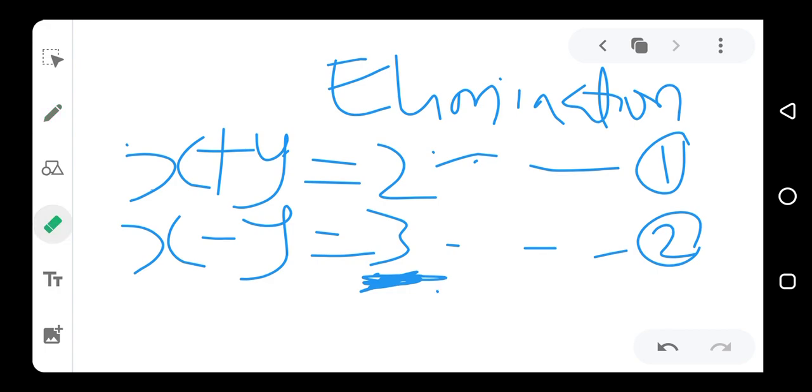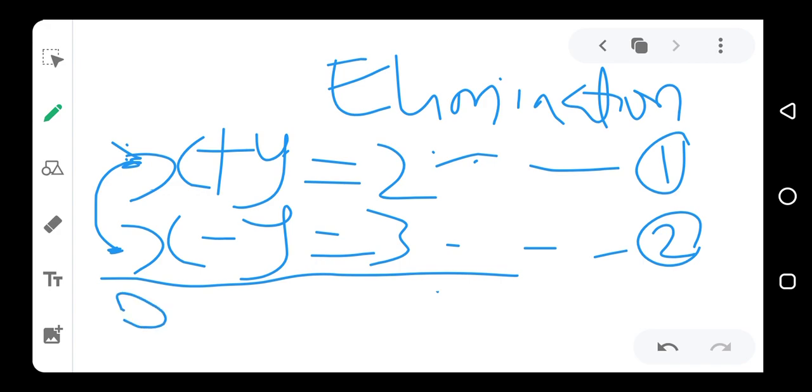Now to do that, we draw a line like this. Now we say this x in equation 2 minus this x in equation 1. x minus x will give us 0. So we have made this side 0.